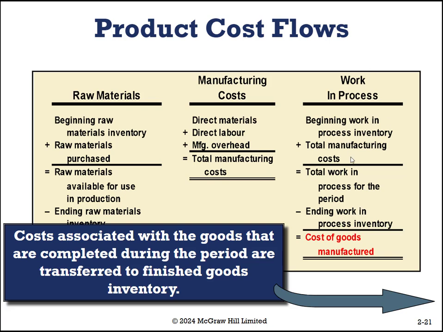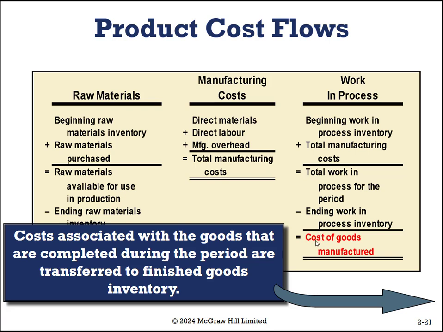So we started with some stuff that was half done, we added some stuff, and we finished some things. So what we had worked on minus what we didn't finish means that we did finish a number of items. Those are called our cost of goods manufactured, otherwise known as our COGM. And those are all the things associated with what was finished throughout the month.